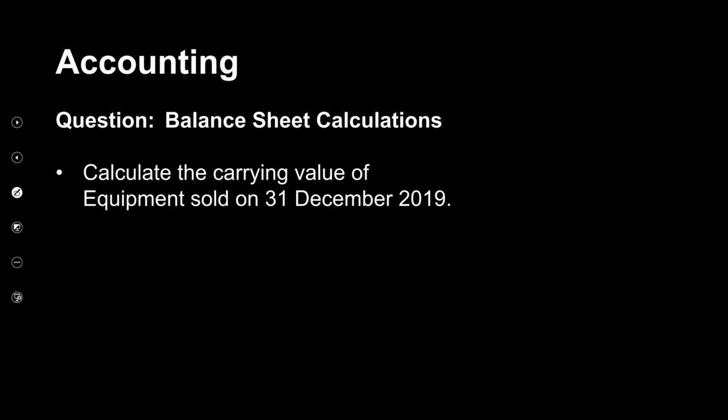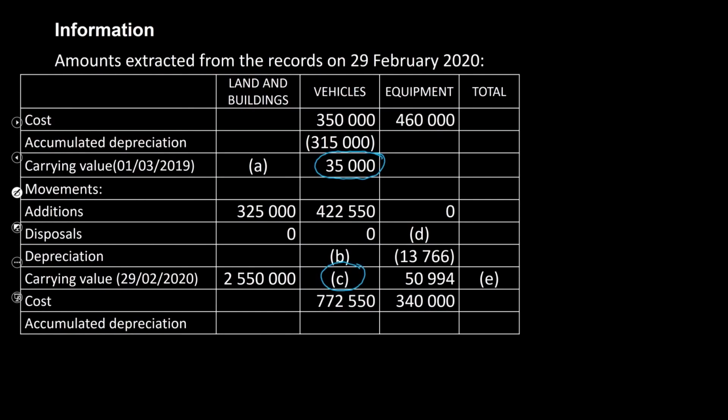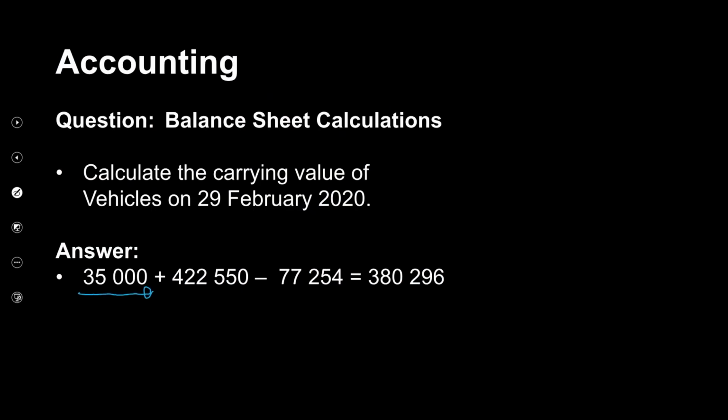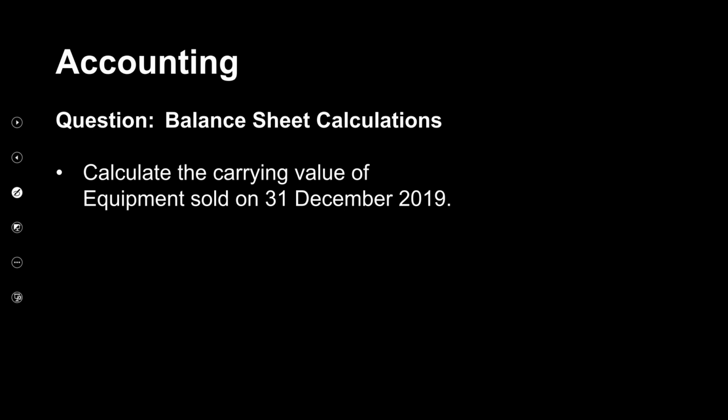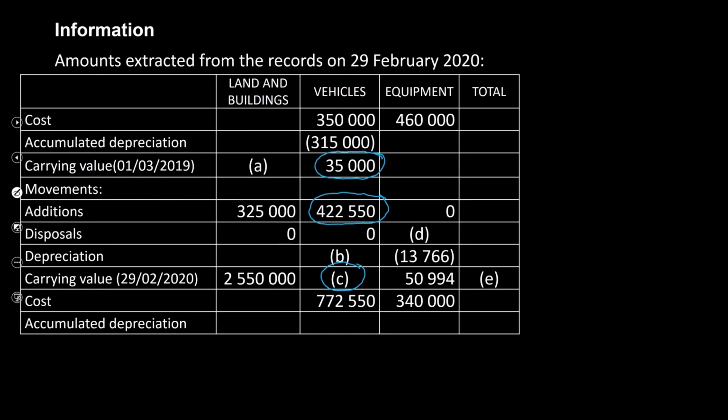Then I purchased an asset to the value of 422,550. So I bring that one in, 422,550. That was my addition of assets during the year. And then, obviously, you can see here, in terms of the information that I have, that there was no disposal.